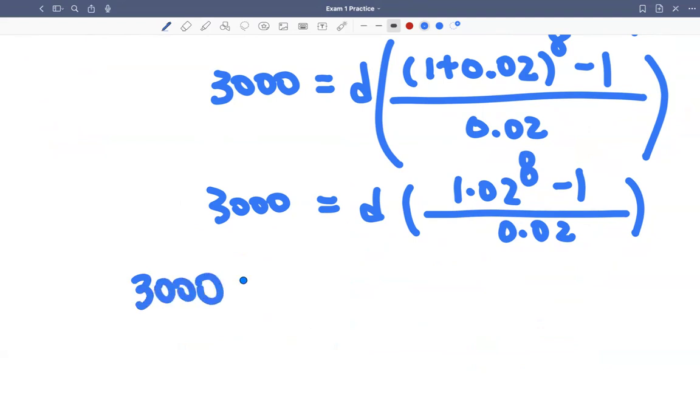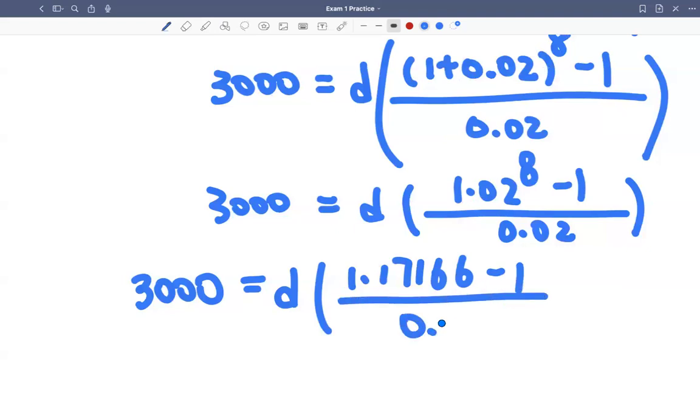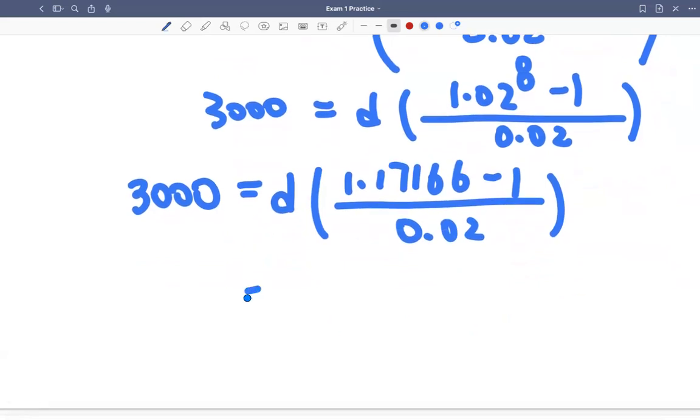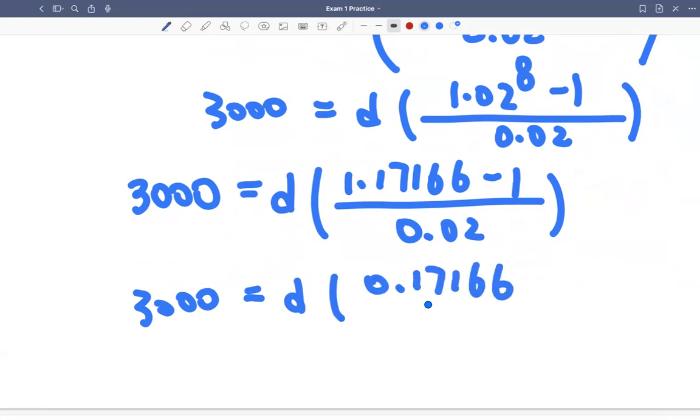So rewrite: 3,000 equals D multiplied by 1.17166, let's round to this, then minus 1, then divided by 0.02. 1.17166 minus 1, I get 0.17166.